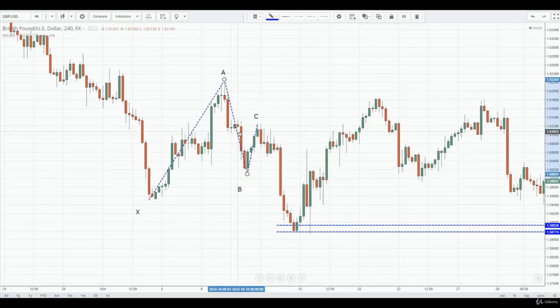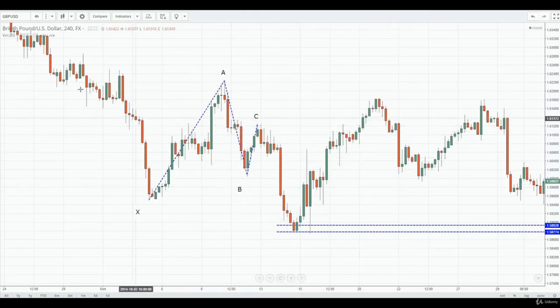And then let's see where our ABCD comes in at. Again, we're going to probably go for an extended ABCD. The ABCD can be an extension all the way up to a 1.618. Obviously, we may be looking for a 127 in that, but it can go from 127 to 1.618 ABCD.